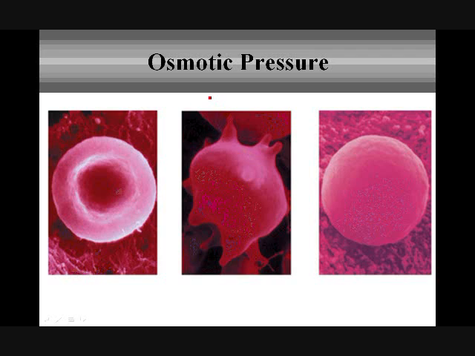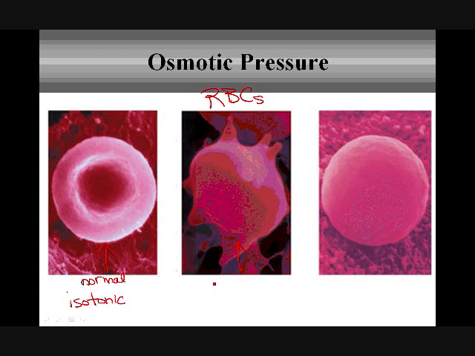So in this case, we're looking at red blood cells. And that right there is the normal concavity of a red blood cell. This would be a red blood cell in an isotonic solution. Whereas here, the red blood cell seems a bit shriveled.